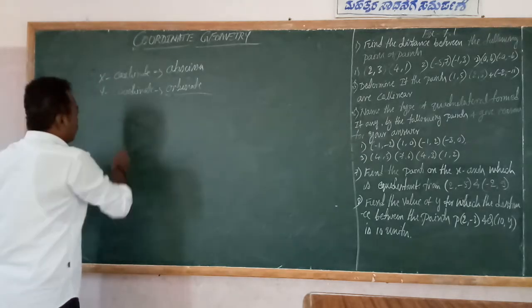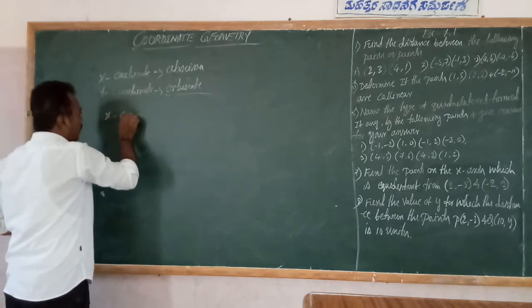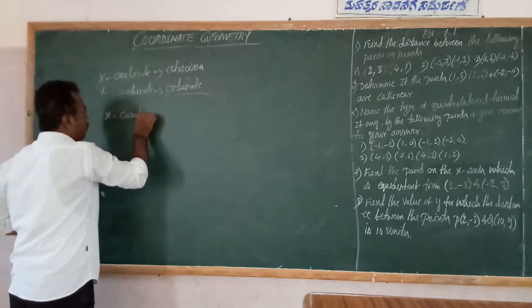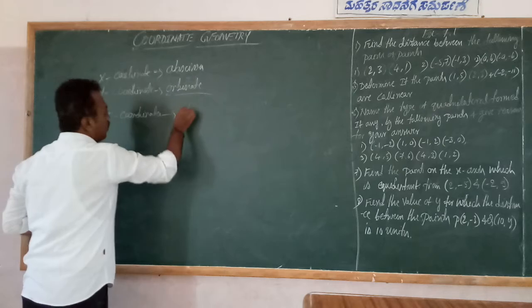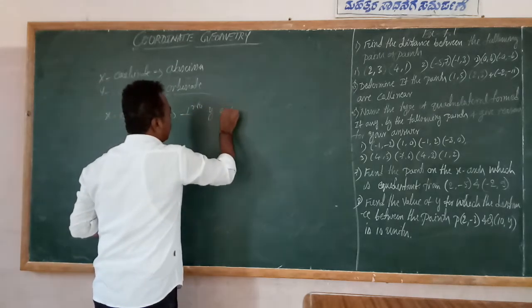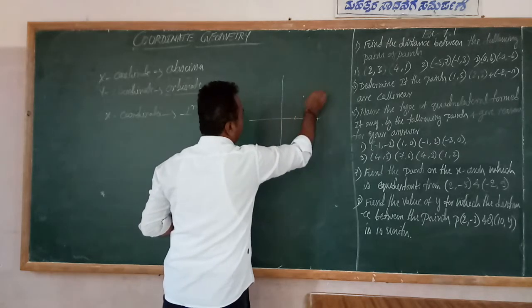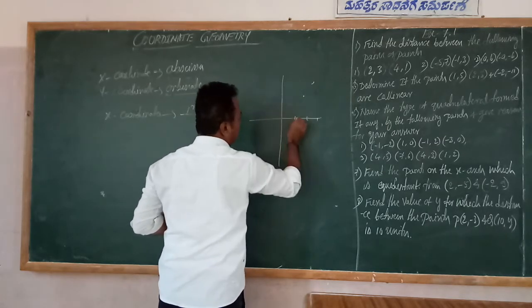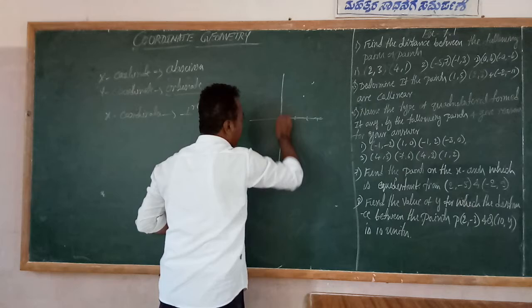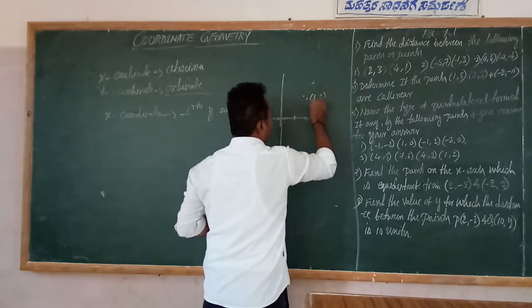Then students, the x points, x coordinates, are always perpendicular to the y axis. Okay. See, these are the points, x points, is it right? See, this is x and this is y. For example, this is 2, 2.